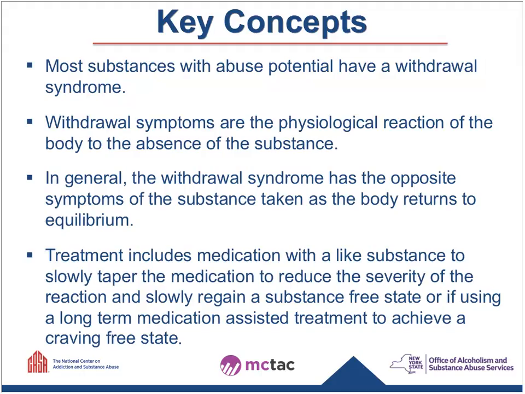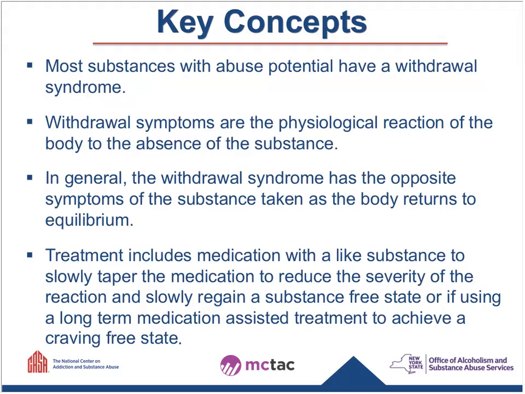So I think a lot of these concepts are things that all of you know, but we thought that it was valuable to just include. Most substances with abuse potential have a withdrawal syndrome. Withdrawal symptoms are the physiological reaction of the body to the absence of the substance.